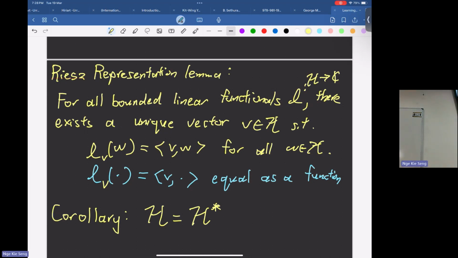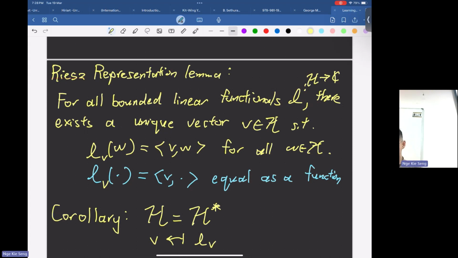So you give me one L here, I have a unique inner product realized by some vector. Does it make sense? So I have an L here, I can map it to some V such that the inner product with V gives you the same thing as what L gives.